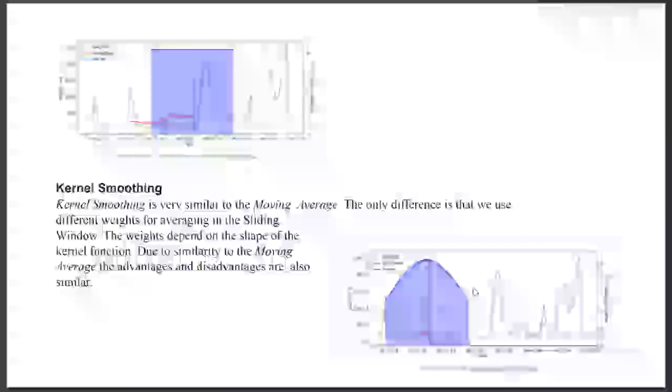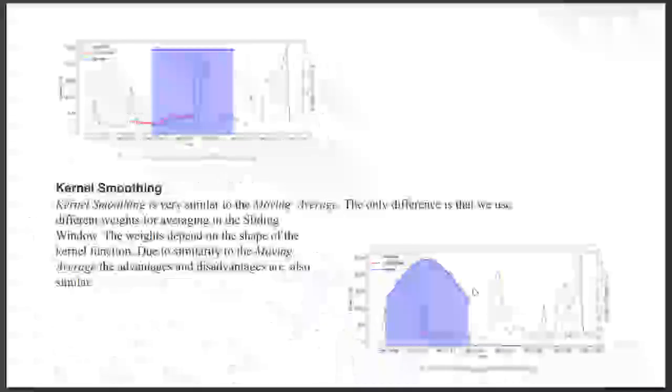But earlier in moving average, you do not have anything. It was like a gut feeling and you are just averaging it out, like childish work. But now you have some weights, so you have some specific explanations for the predictions, for forecasting. That is why kernel smoothing is much better than moving average if you want your predictions to give better results. But still it carries all the advantages of moving average.